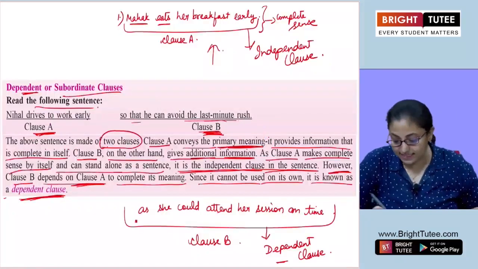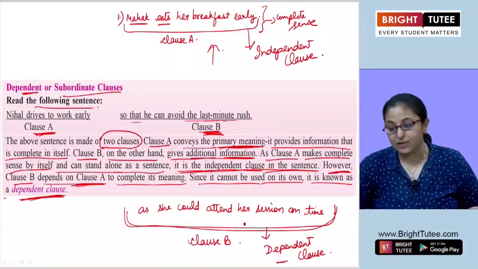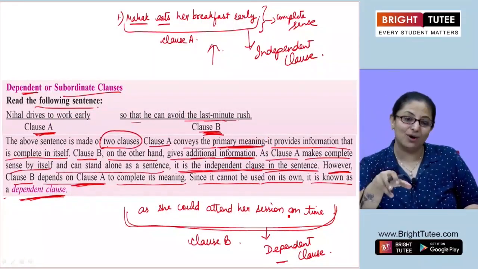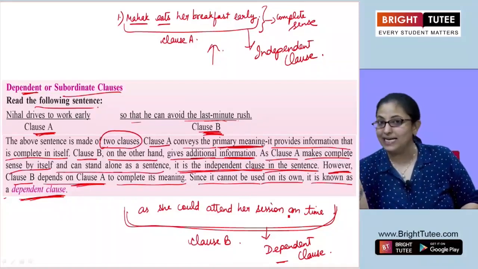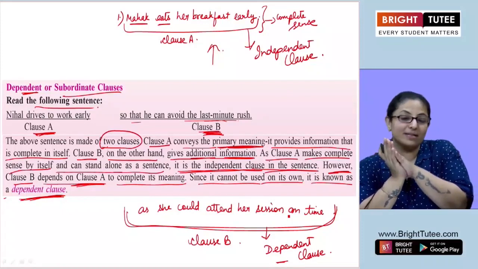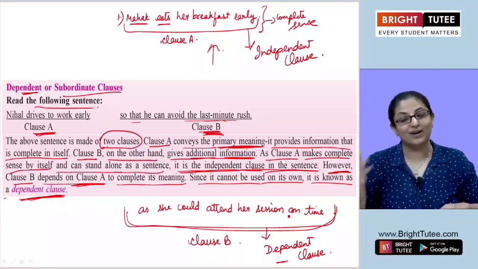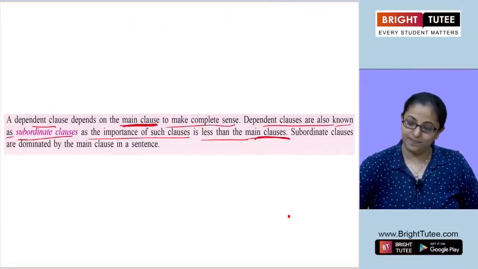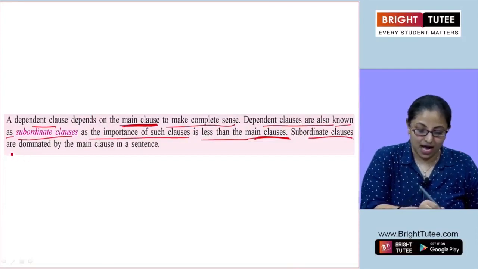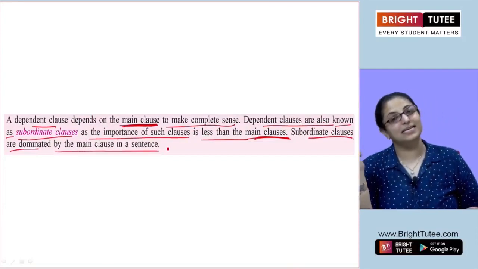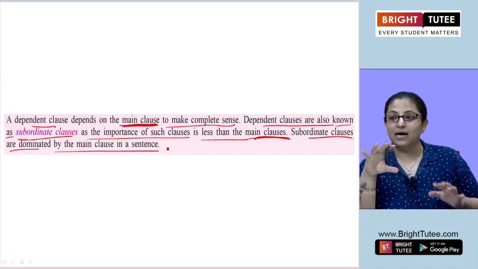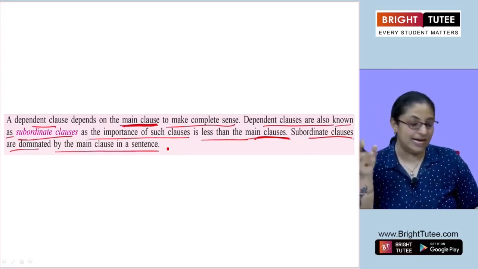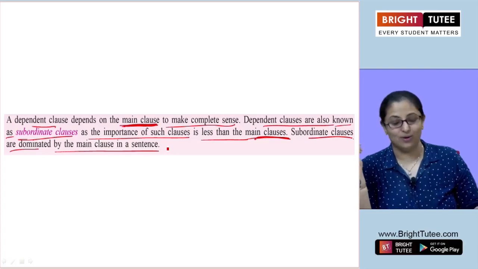The importance of clause B, as she could attend her session on time, is less than the main clause. The main clause was Mehak eats her breakfast early. This is the main clause. It has more importance than clause B, right? So a dependent clause has less importance than the main clause. Subordinate clauses are dominated by the main clause in a sentence. Main clause is the most important. Main clause dominates the dependent clause. Independent clause dominates the dependent clause.